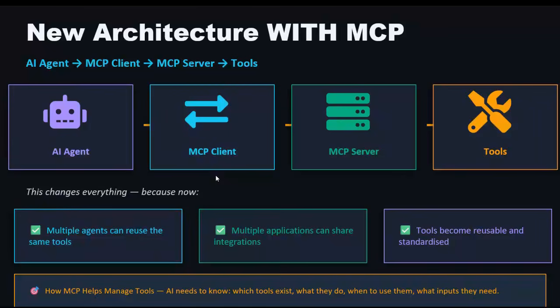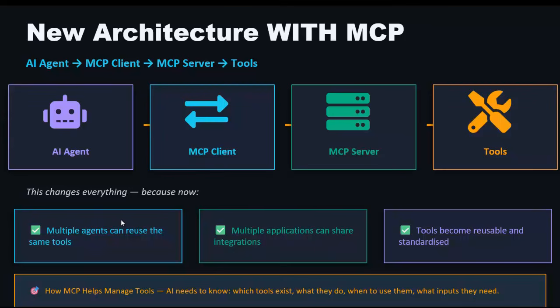Now the architecture becomes: AI agent connected to MCP client, connected with MCP server, and the MCP server has many tools that you can see. And this changes everything, because now multiple agents can reuse the same tools. Multiple applications can share integrations, and tools become reusable and standardized. Means here tools are exposed through MCP servers only, that you can see here.